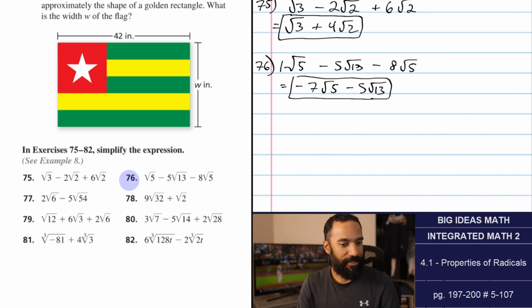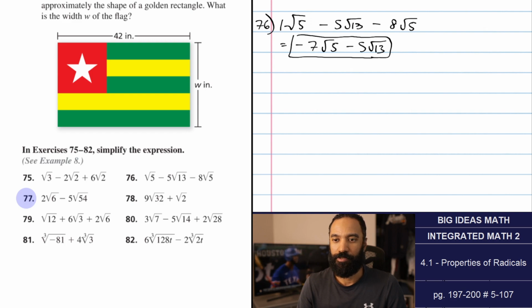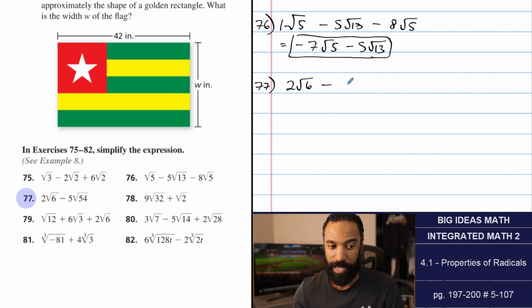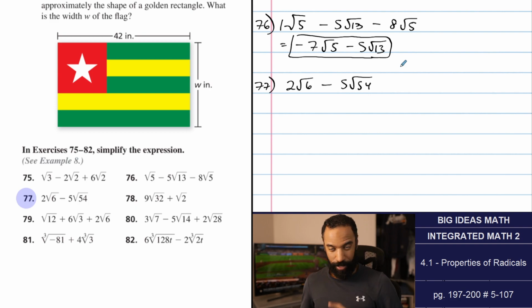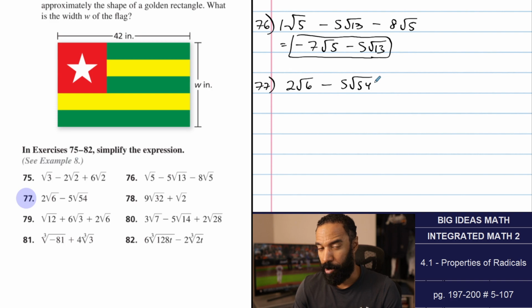Excuse me, number 77. 2 root 6 minus 5 root 54. Now, it's unlikely that they're going to give you a problem with only two terms that cannot combine from the onset. However, 54, feeling hiccups coming along, 54 is 9 times 6, 9 being a perfect square.